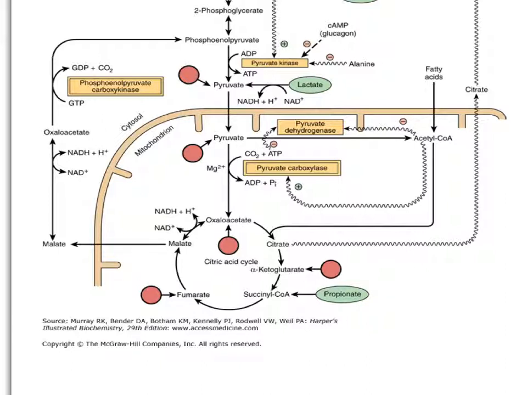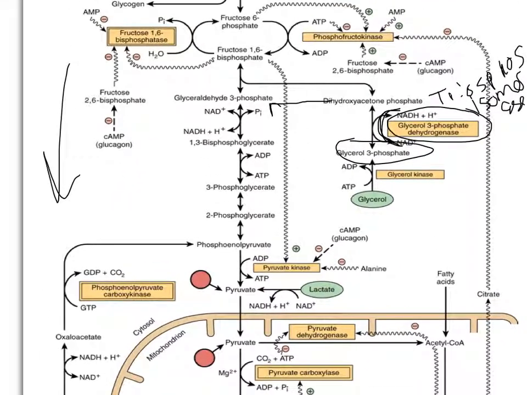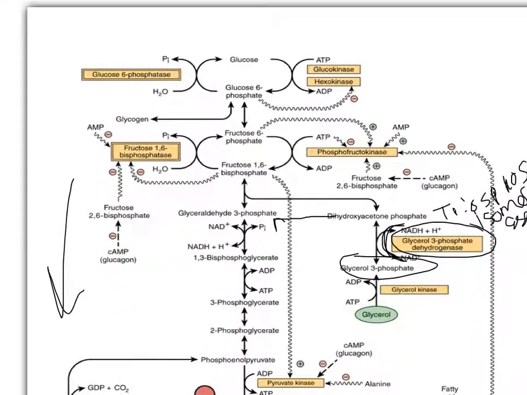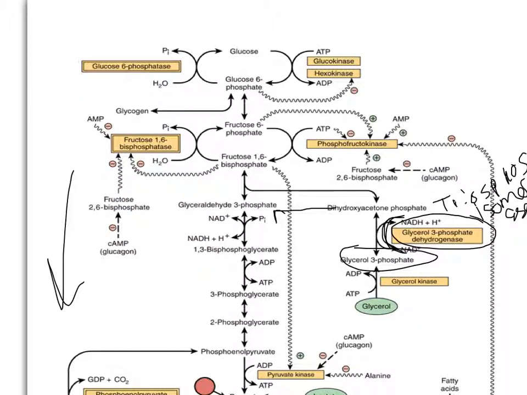And then isoleucine, methionine, threonine, and valine can be converted into succinyl-CoA and go, of course, into this pathway. So you have a lot of different amino acids that can be broken down and converted into sugars, and this is done by the liver whenever your blood sugar is low, essentially.